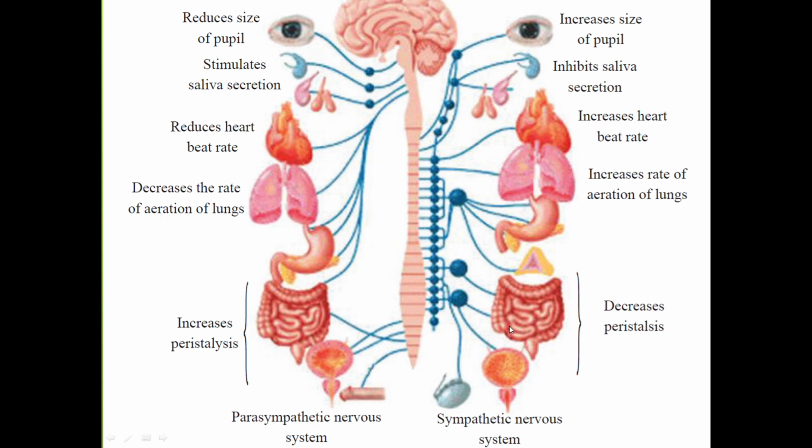As the peristalsis movement decreases, the pushing of food through the digestive system decreases and digestion slows down. Then the parasympathetic nervous system increases the peristalsis of your digestive system. This is how the sympathetic and parasympathetic nervous systems control the autonomic activities in your body.